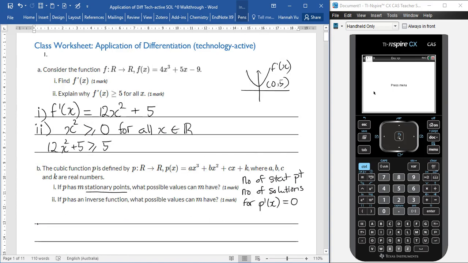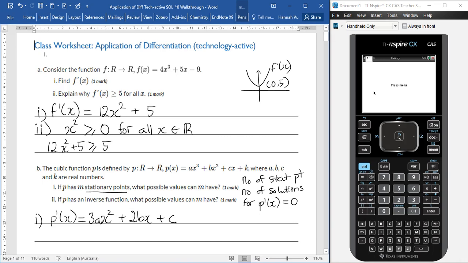So I need to find the derivative, which, if you use it in terms of a, b, c, and k, is 3ax squared, sorry, I forgot the x, so 3ax squared plus 2bx plus c.